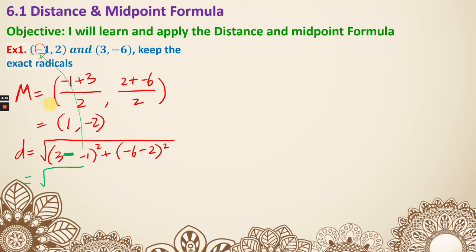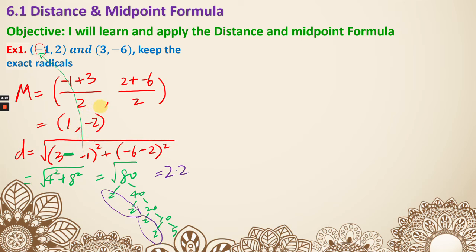That is going to give me 4 squared plus 8 squared, which is the square root of 80. If you forgot how to simplify that: 2, 40, 2, 20, 2, 10, 2, 5. I'm counting by pairs since I'm doing a square root. That's a pair of 2s, that's another pair of 2s. The 5 doesn't have a pair, so it stays inside. That simplifies to 4 square root of 5.